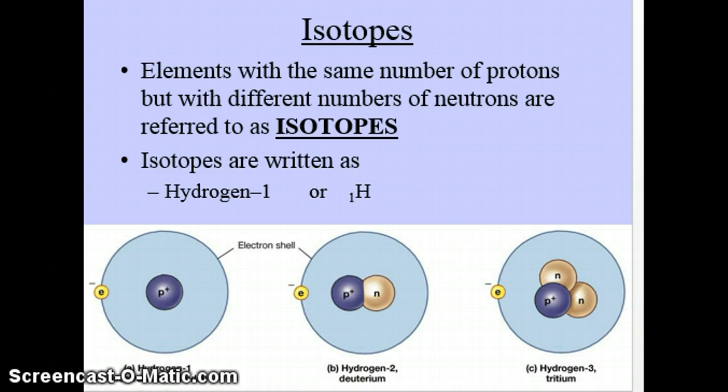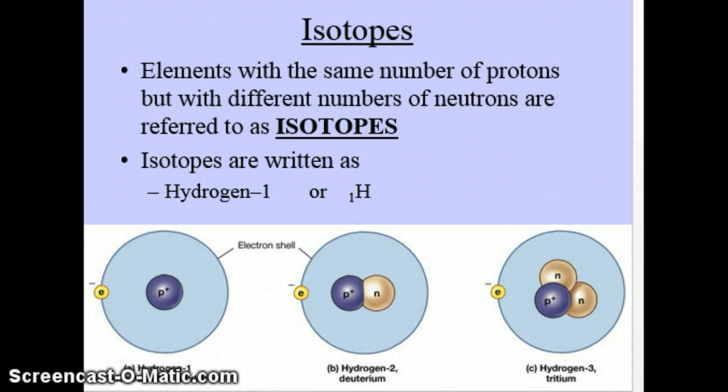They are both going to contain 1 proton. They are both going to contain 1 electron. But they differ in the number of neutrons. The one on the left has no neutrons. The one in the middle has 1 neutron. So how do we name that?